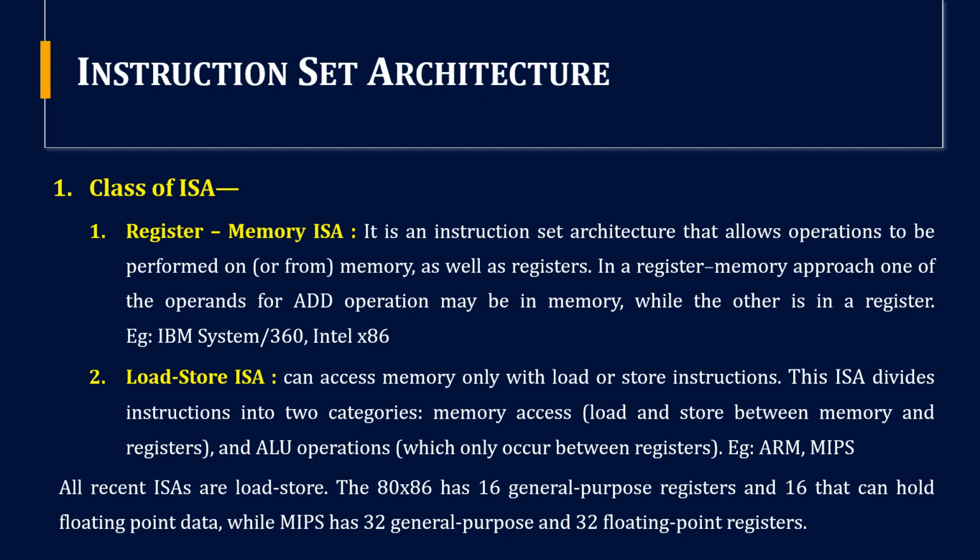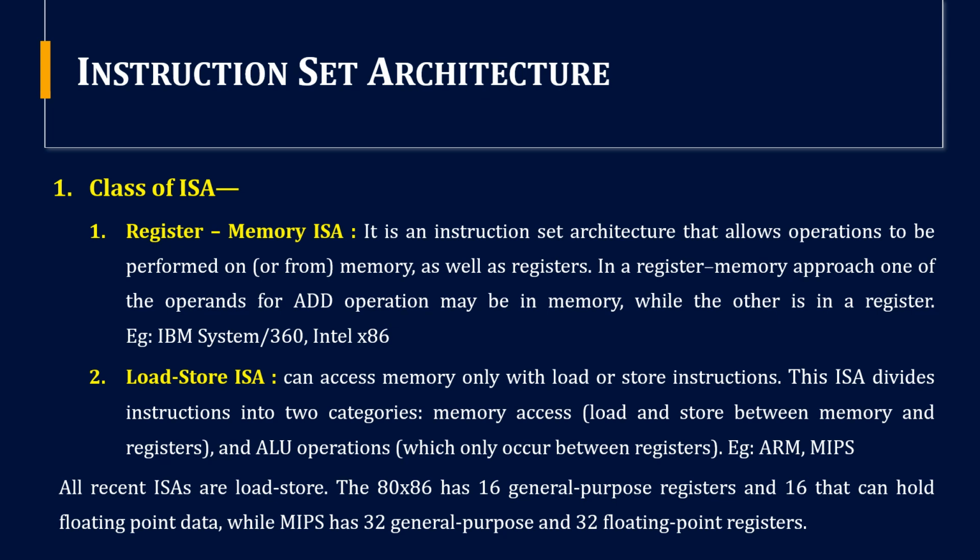Two broadly used classes are register memory ISA and load store ISA. The register memory ISA is an instruction set architecture which allows operations to be performed on or from memory as well as registers.